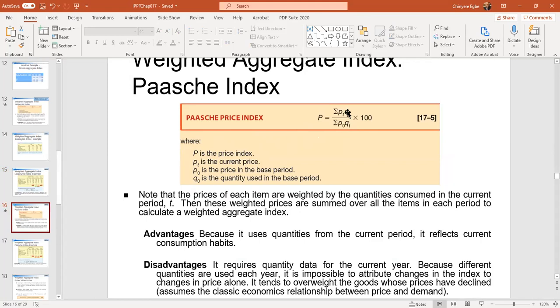The PASH index is slightly different, but it comes down to just a matter of choice. I'm going to put up a couple of examples so that you can see other examples of the use of indices.